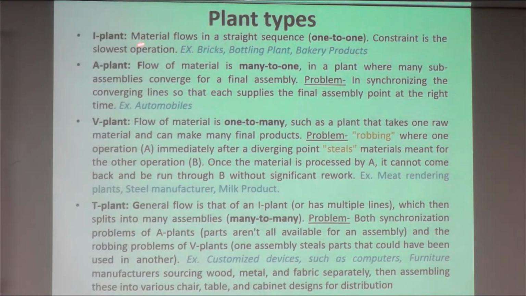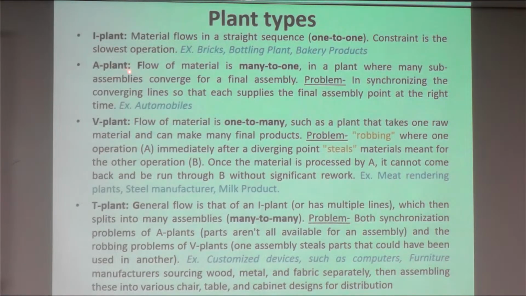Now, look, I-type plant: material flows in a straight sequence, 1 to 1. Constant is the slowest operation. Examples: brick manufacturing, bottling plant, bakery products, starting from flour as raw material to baked cake. So it goes continuously one after another.